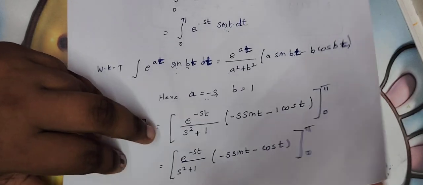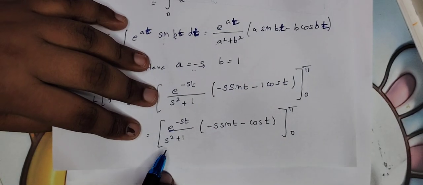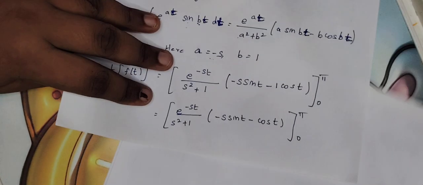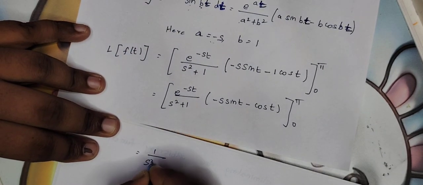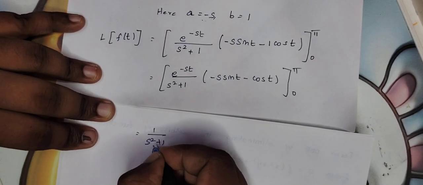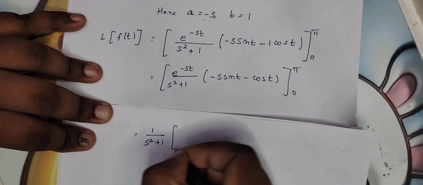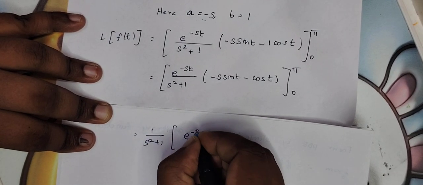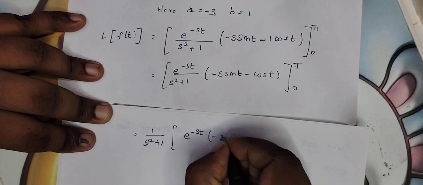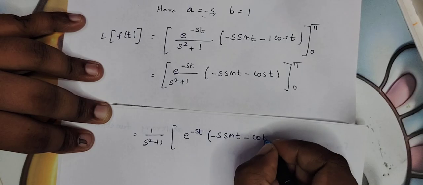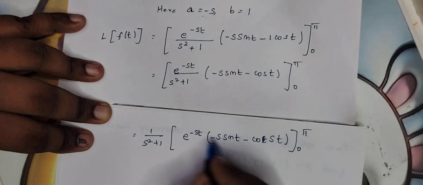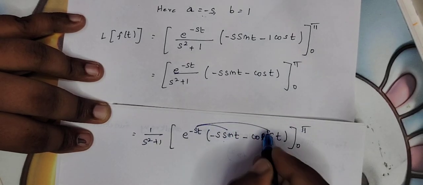So what I'm going to do is take 1 by s square plus 1 outside, and then the terms which remain are e power minus st into minus s sin t minus cos t, and the limits are 0 to pi. e power minus st I'm going to multiply inside, as well as here.